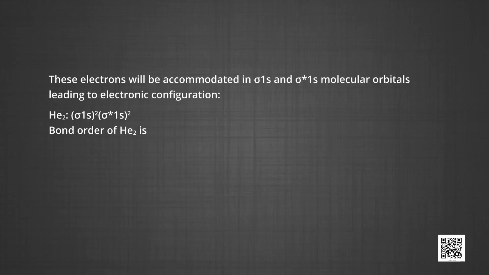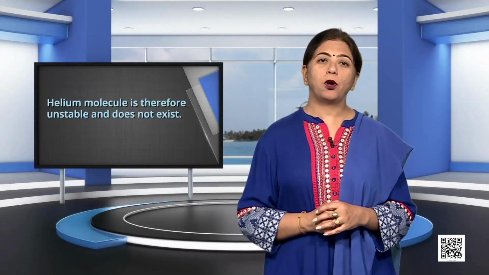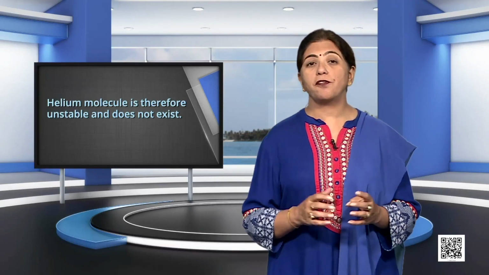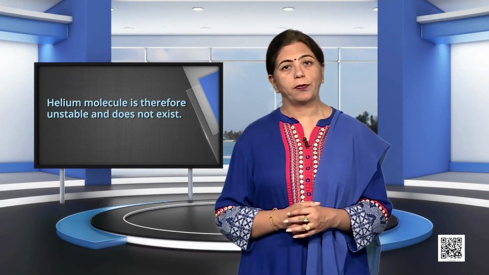The bond order of the helium molecule will be half of 2 minus 2 equals 0. Therefore, the helium molecule is unstable and it does not exist. It is a frequently asked question.